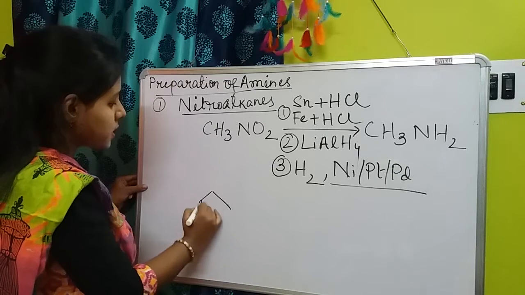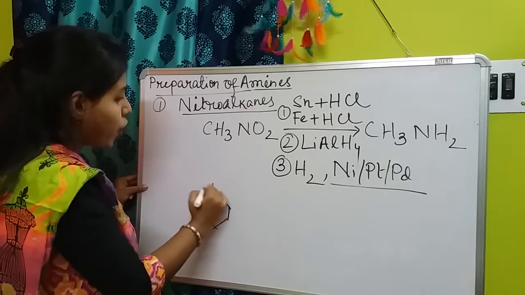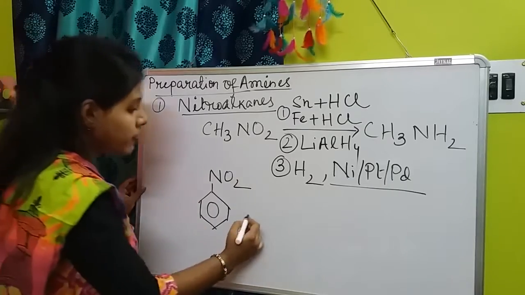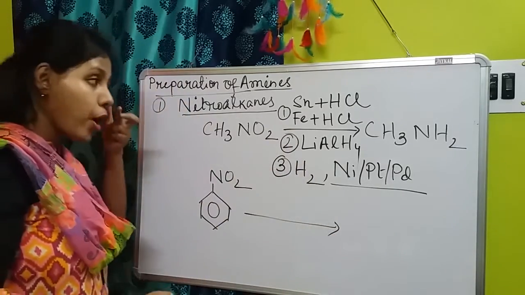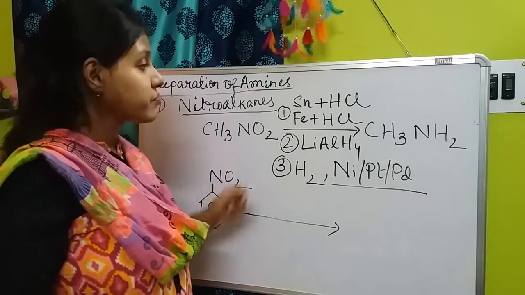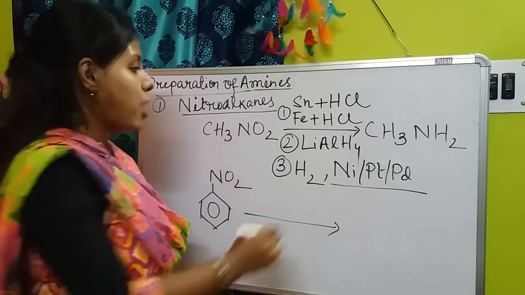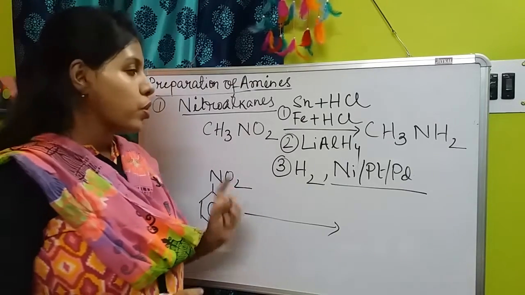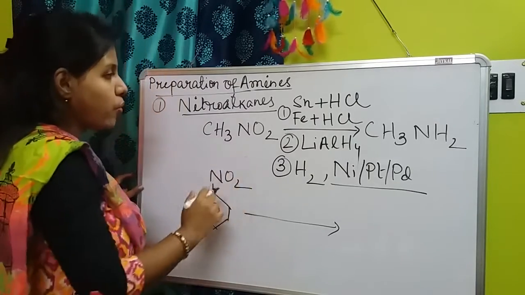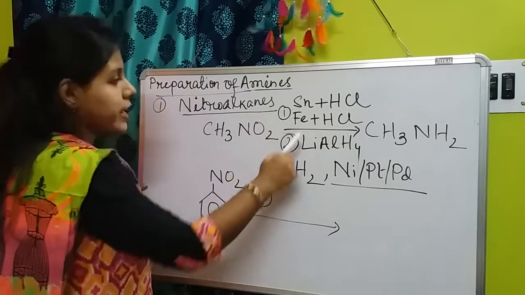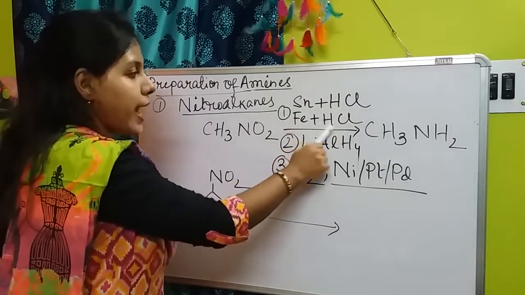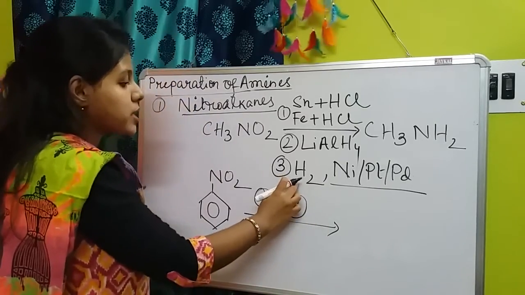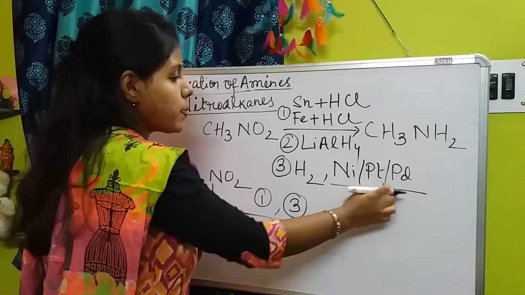So the same process we can carry out for nitrobenzene. For nitrobenzene we could use the same type of reducing agents, but the number 2 reagent, that could not be used. So we could use the first reagent, that is tin HCl or iron HCl, or the number 3, that is hydrogen in presence of nickel, platinum or palladium.